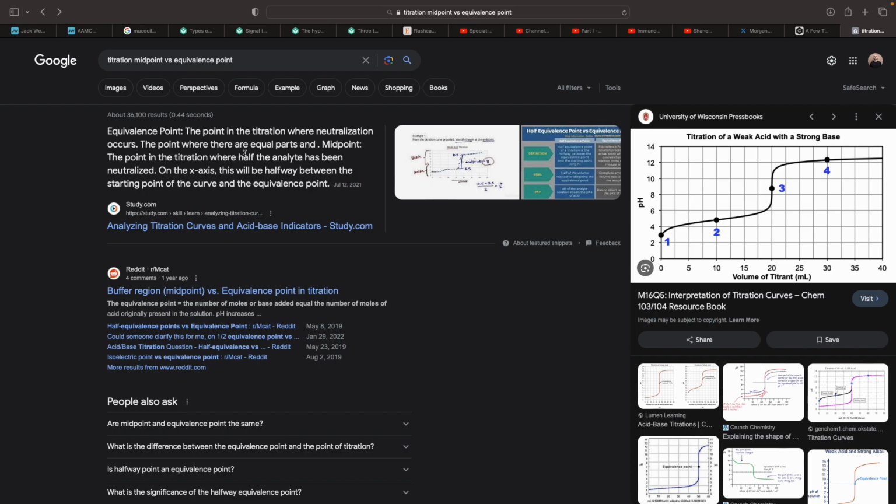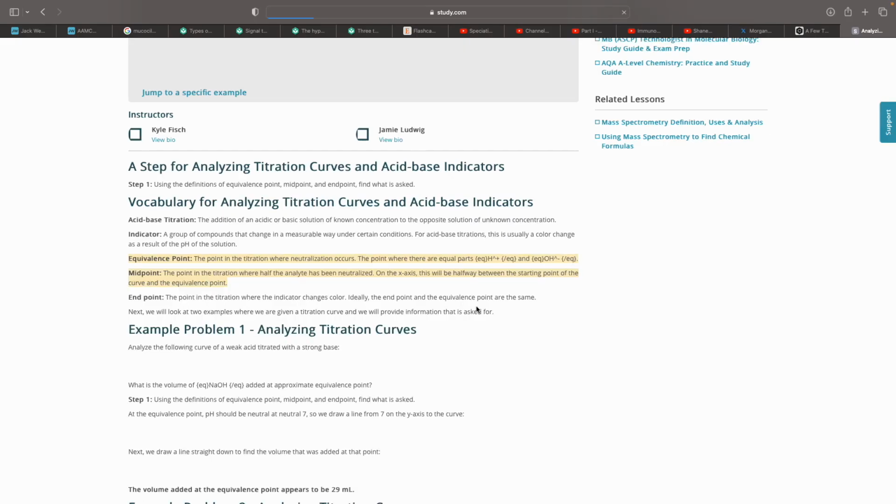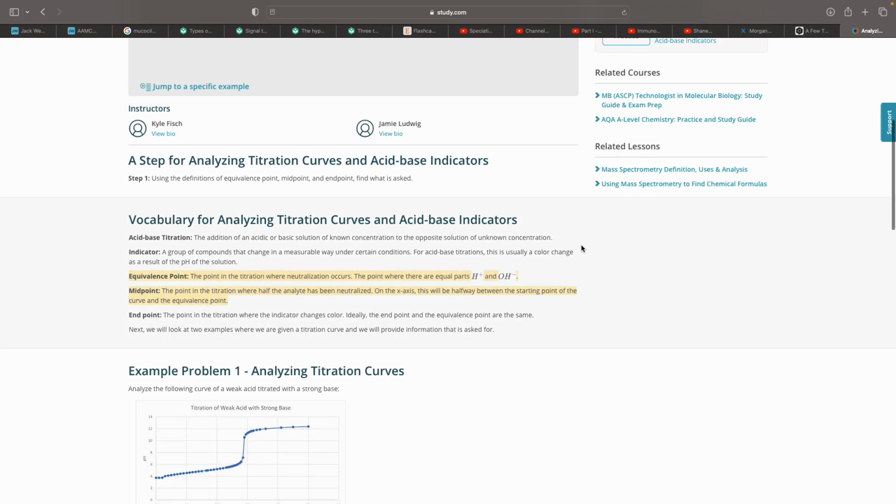There are equal parts of the titrant and the analyte, but in the midpoint half of the analyte has been neutralized. On the x-axis, this will be halfway between the starting point and the equivalence point. Midpoint is also called the buffer region.